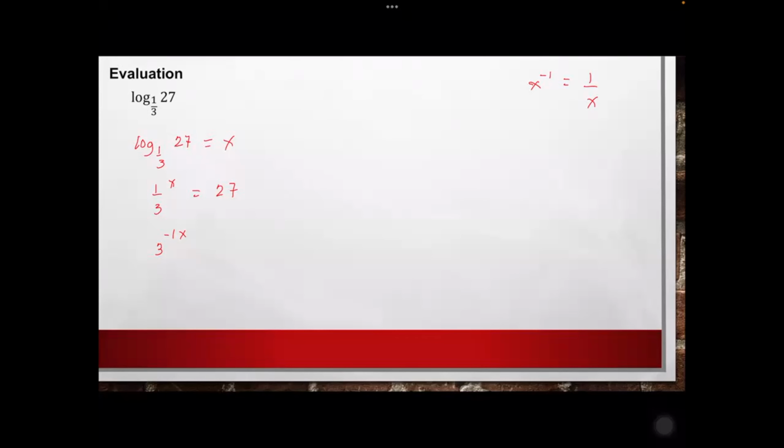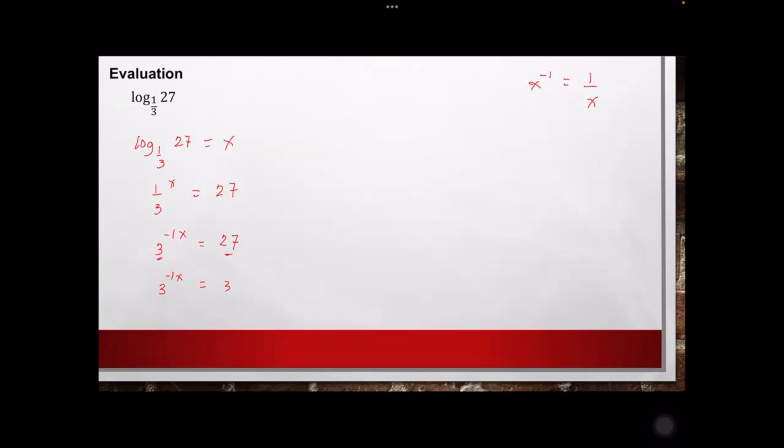So ibinalik natin siya dun sa kanyang negative exponent. So this will be equal to 27. Now, base natin dito ay 3, base natin dito ay 27. So therefore, magkakaroon tayo ng 3 raised to negative 1x is equal to 3 raised to what number para maging 27?